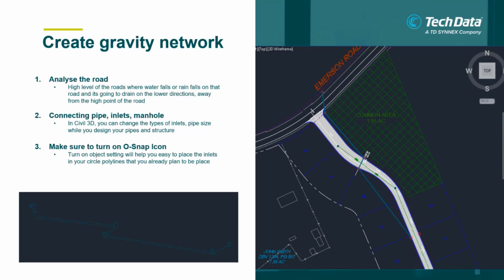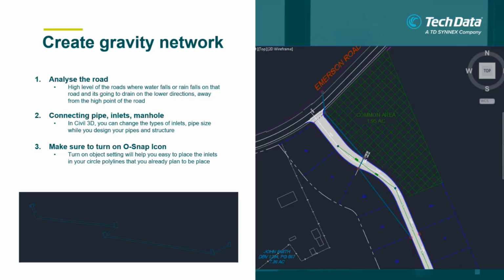So there are three categories that you can analyze: the road, where the waterfalls, okay, rainfalls, of course, the highest invert level that you actually see is the highest waterfall from the top to the down of the road. Okay, and then how you can connect the pipe inlets and manhole.